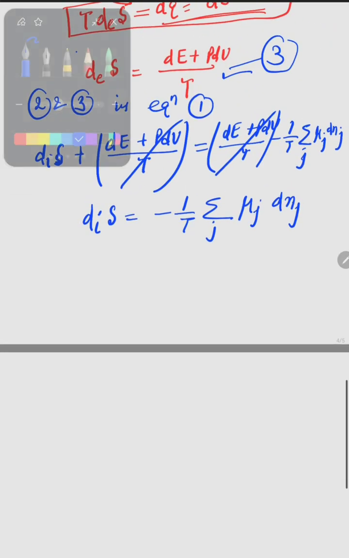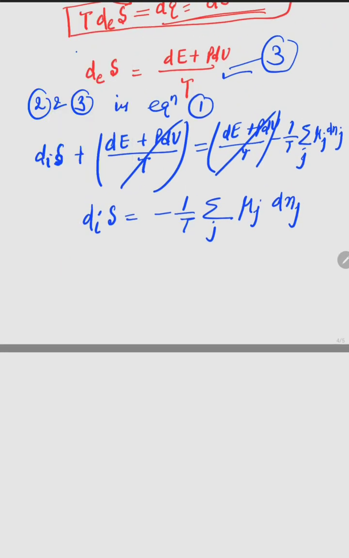So now we define the rate of reaction or extent of reaction. Let us suppose the extent of reaction is represented by chi. Then the number of moles of the jth component of the system changes during the chemical reaction. Let us suppose at any instant of study, N_j is the number of moles of the reactant.